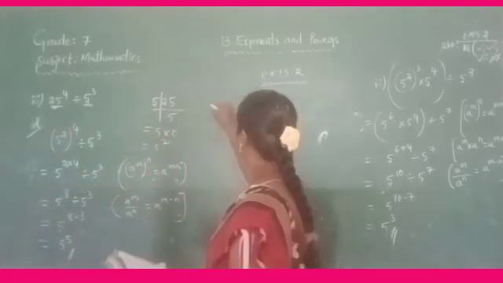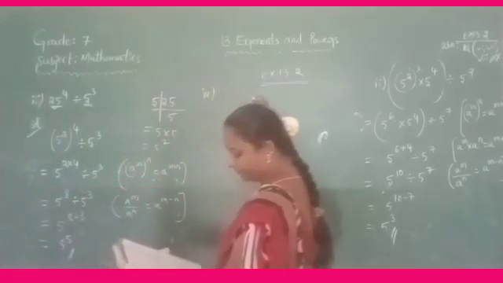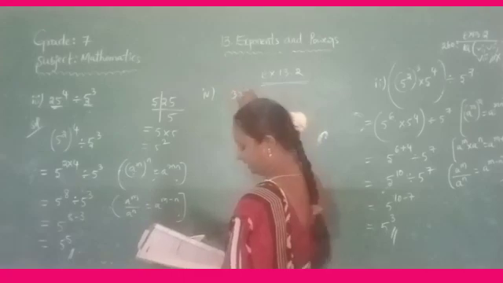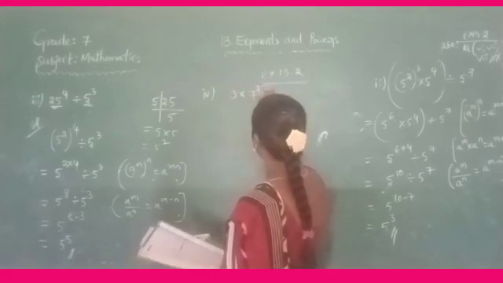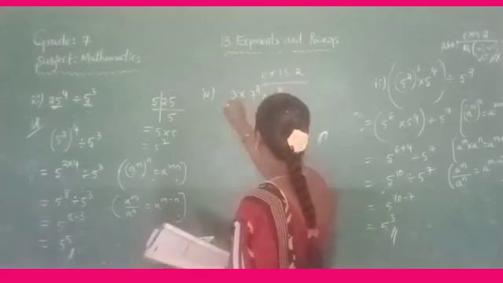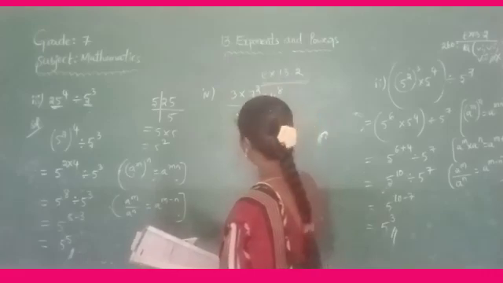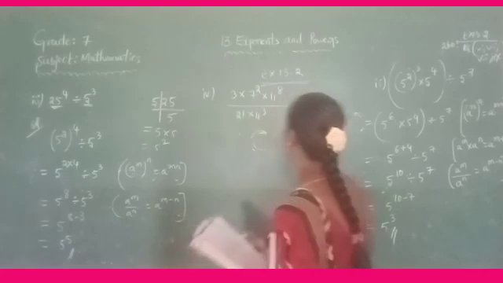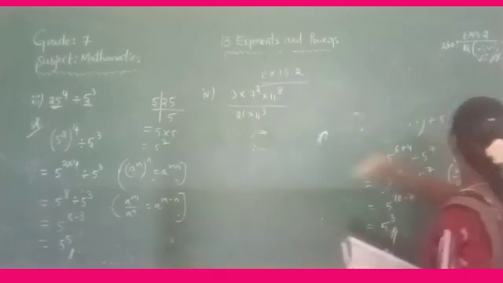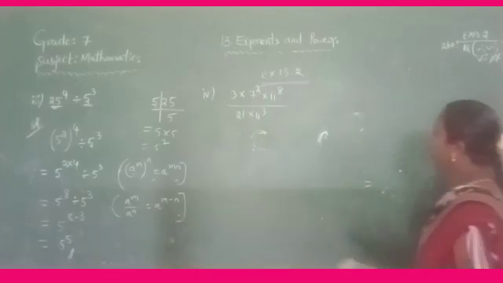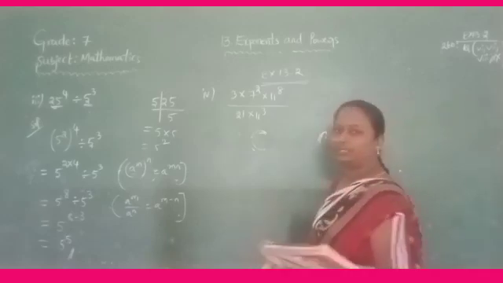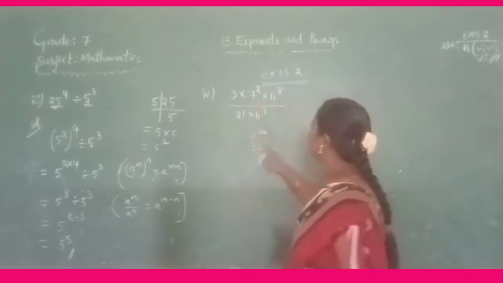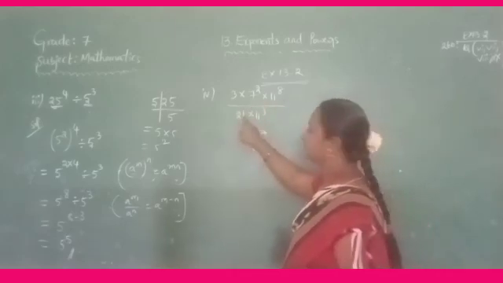Okay, now children? See. Similarly, fourth one. What is the fourth question? 3 into 7 square into 11 to the power of 8 divided by 21 into 11 cube. See here, all are in the form of exponential except 21.